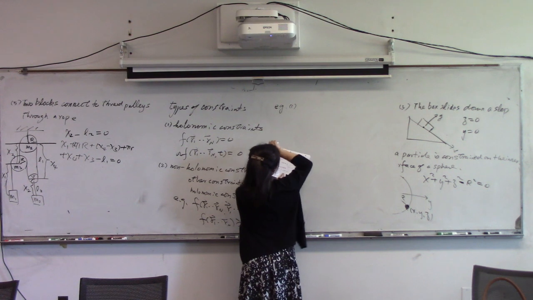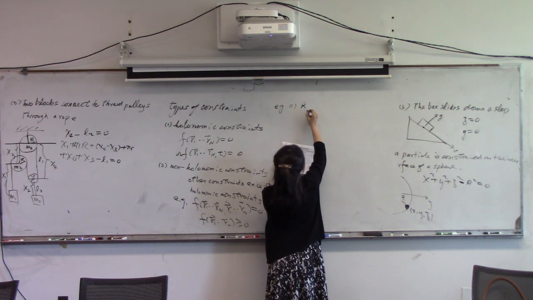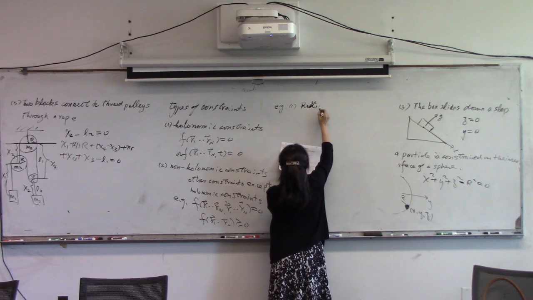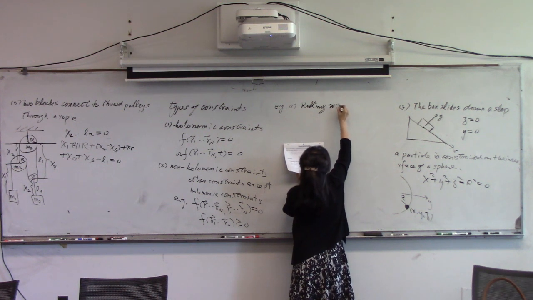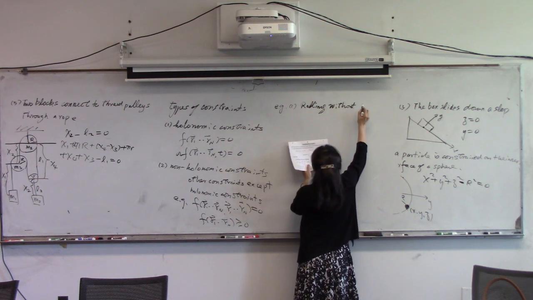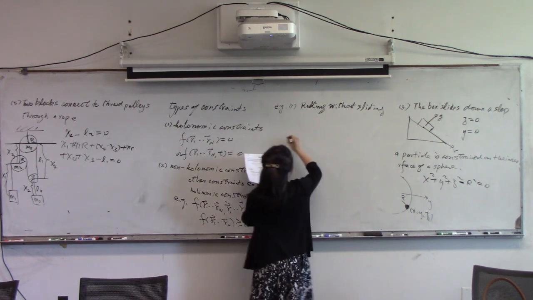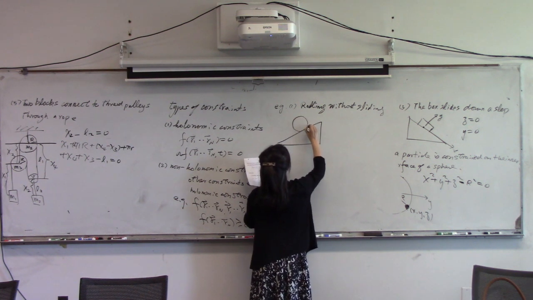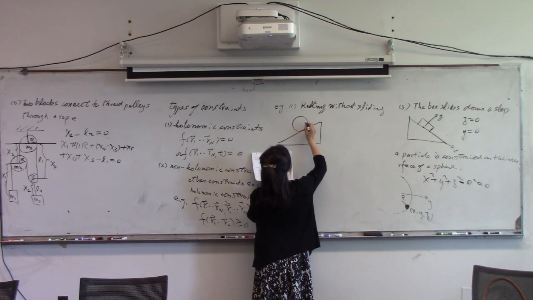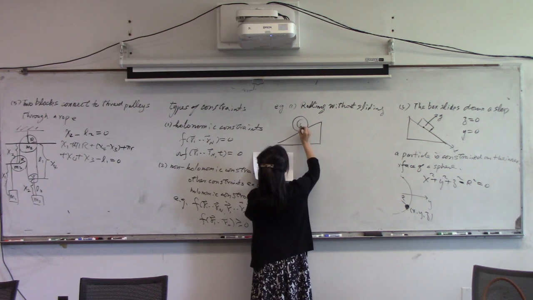Example 1. Let's consider rolling without sliding. That is also very familiar. We know this type of motion, right? Without sliding. So we have a slope, an incline, and we have either a ball or a disc going down with the center of mass.